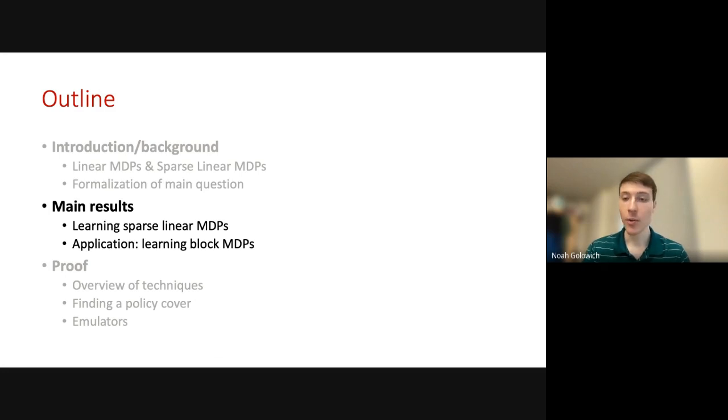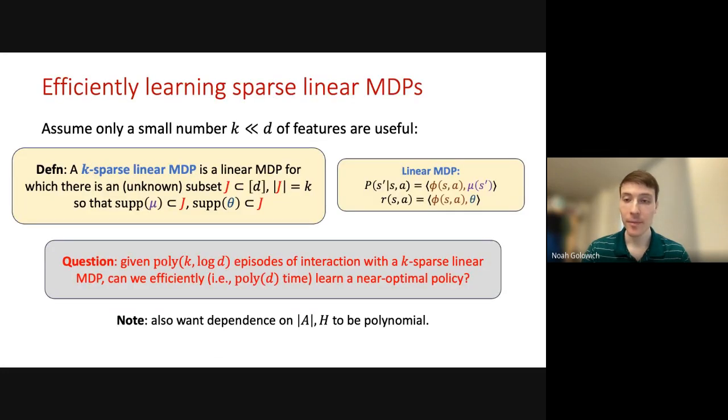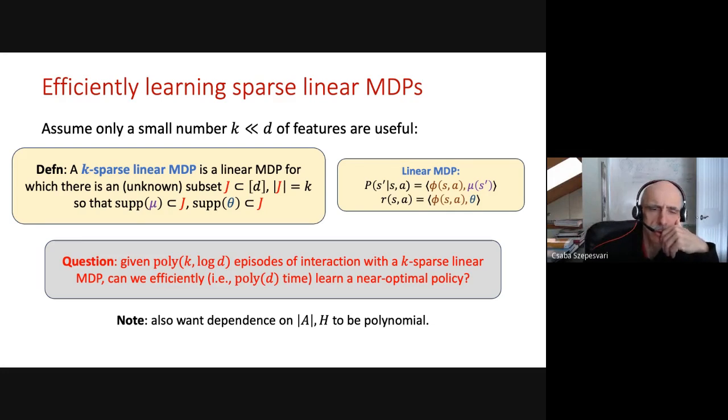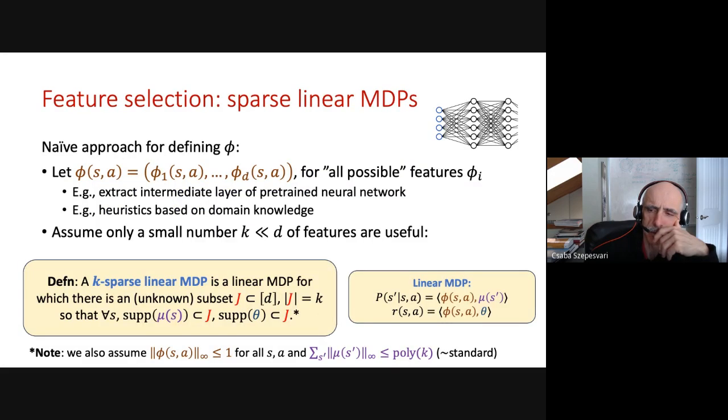Okay. Is there a question? Yeah, it's me. So you had this assumption about mu, that the sum of the L infinity norms of mu S prime over S prime is polynomial in K, and you say that this is a standard assumption. Convince me that this is the case.